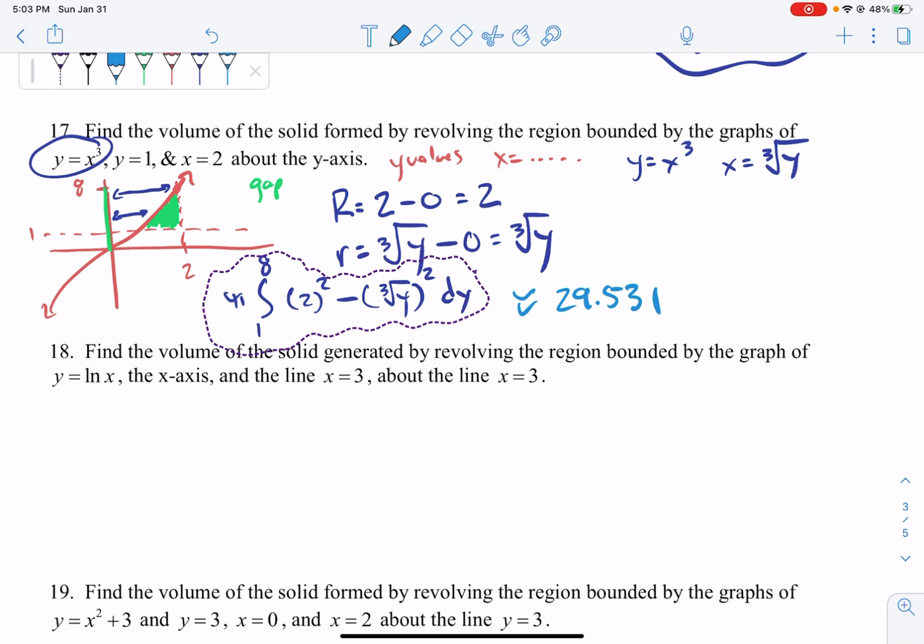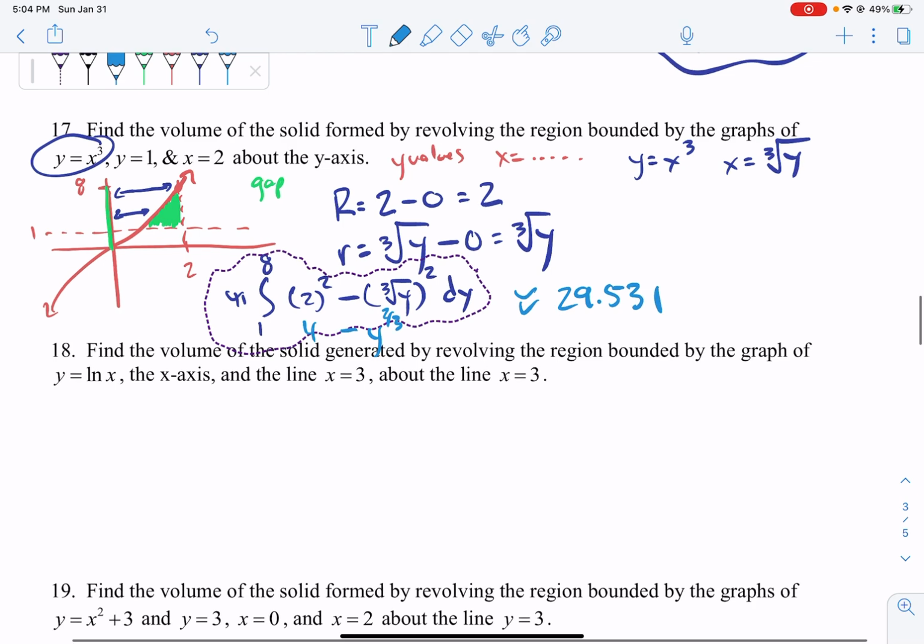They don't expect you to do those integrals by hand, all right? I know that you could rewrite the negative cube root of y squared as minus y to the 2/3, but I wouldn't do any of that. Leave it in the form that you know is correct before you've made any algebra mistakes. Plug that into the calculator, okay?